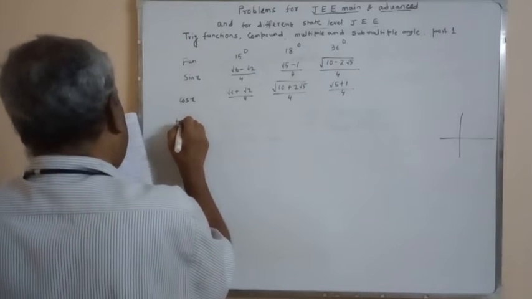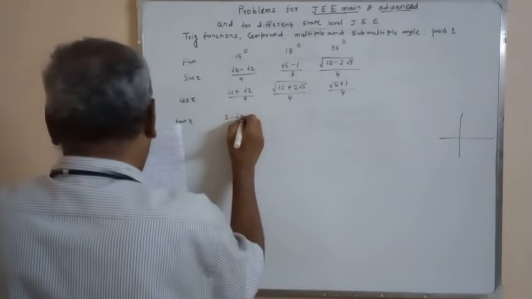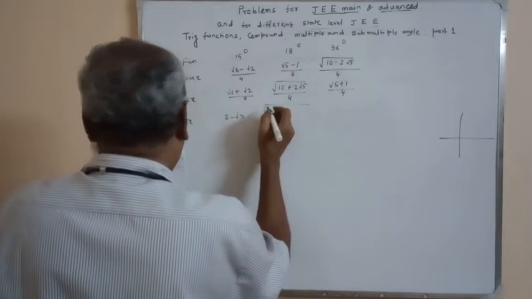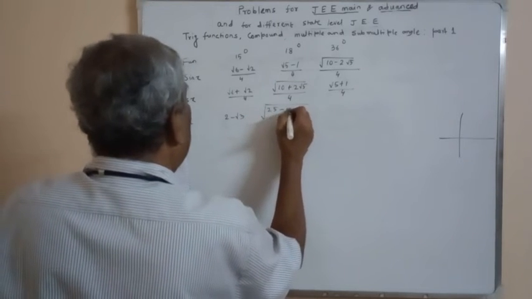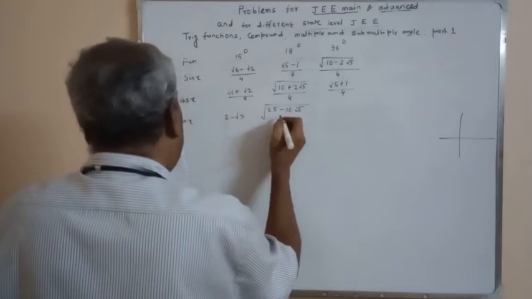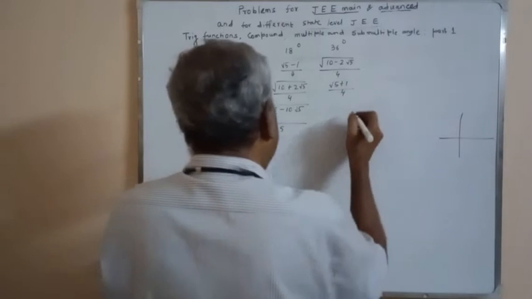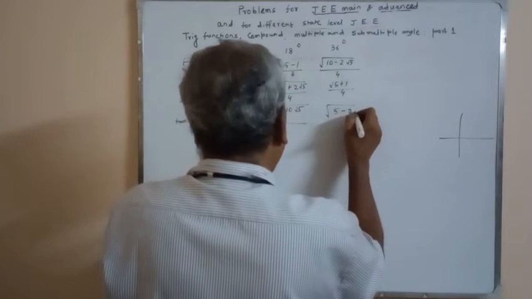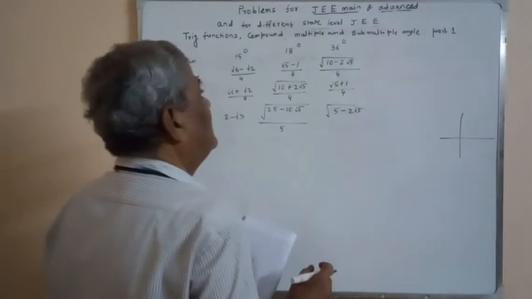And tan x is 2 minus root 3 at 15 degree, root over of 25 minus 10 root 5 by 5, 5 in denominator, and 5 root over of 5 minus 2 root 5 at 36 degree.